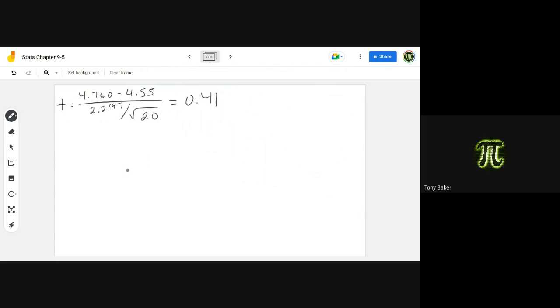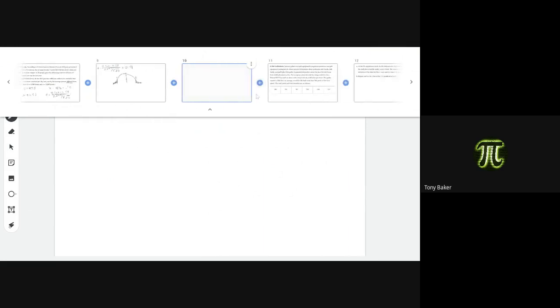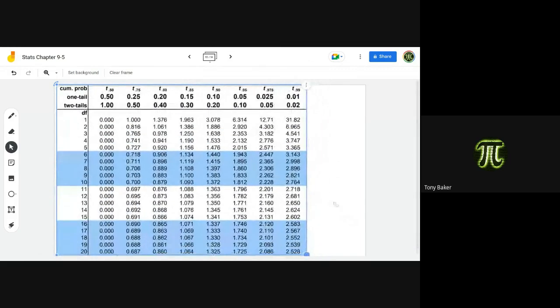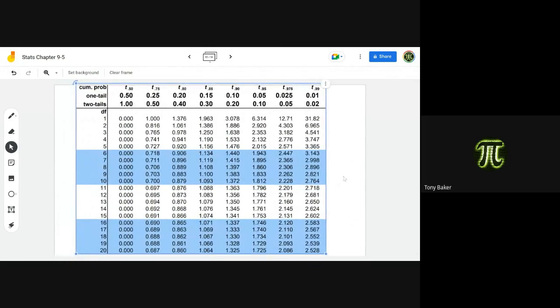So now I'm looking at a two-tailed test, right? That means I have the value over here and the value over here that I'm looking at. So if we look at our t-table, we're looking at two tails.